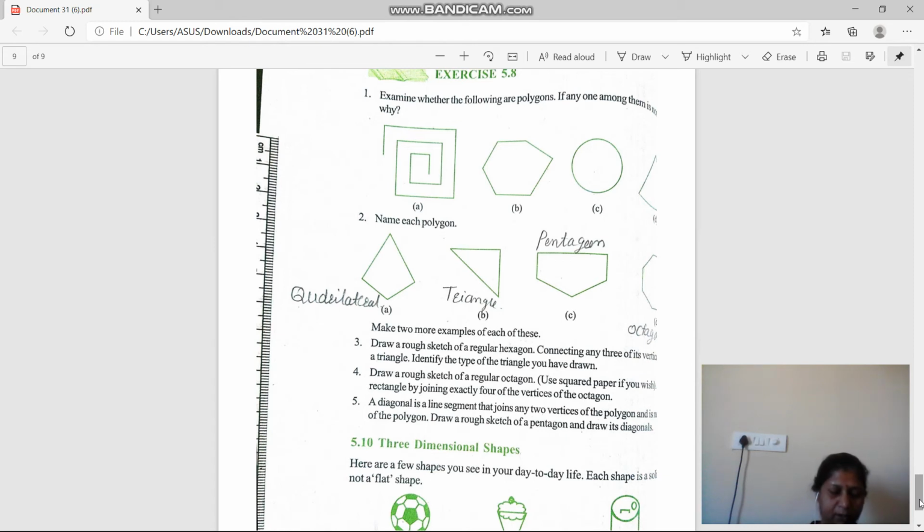Now see the diagrams below. These are three-dimensional figures. First is a prism, second is a cylinder, third is a cone, and fourth is a sphere. Now you have to count the faces, edges, and vertices of each three-dimensional figure.